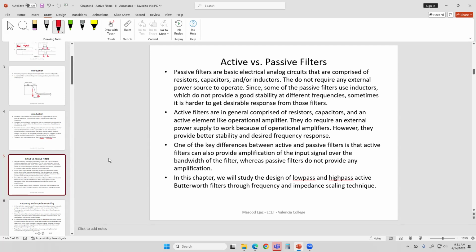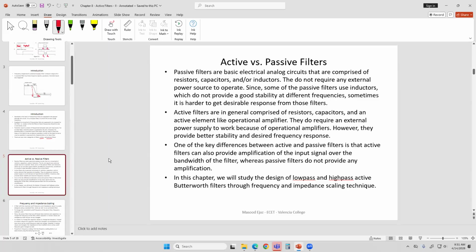That is, your output can be larger than the input over that band, which is the pass band. For a passive filter, that is not possible. The maximum output that you are going to get is equal to the input value over the pass band. So their gain in the pass band is always 1, or the maximum gain in the pass band is 1.